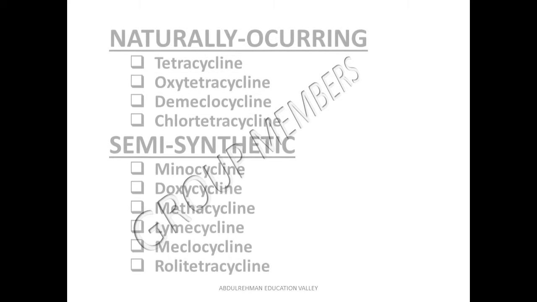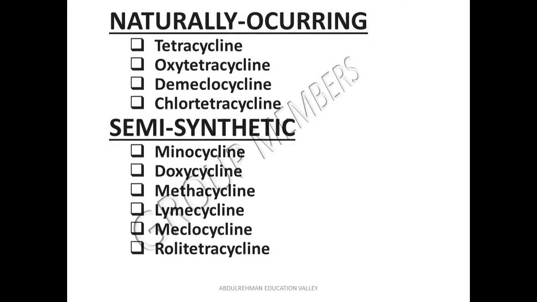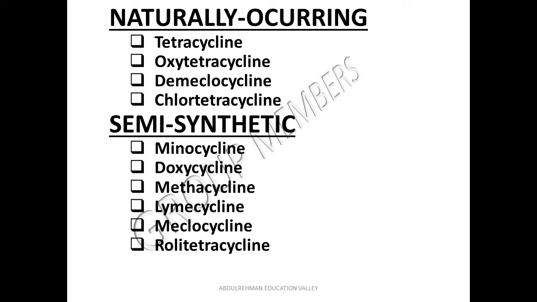To understand the tetracyclines, we classify them into two major groups: naturally occurring tetracyclines and semi-synthetic tetracyclines. The naturally occurring tetracyclines include oxytetracycline, demeclocycline and chlortetracycline. Tetracycline itself is included in the naturally occurring tetracyclines.